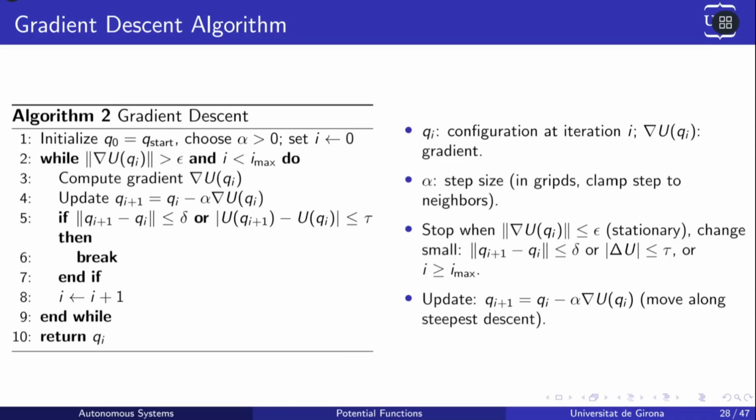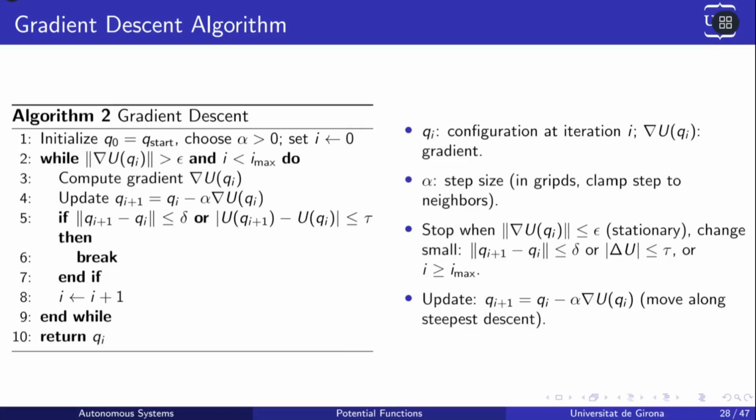Then you will initialize your initial configuration as the starting position. You have to define this step that you want to take in the direction of the gradient, and this is just to check that you are not getting stuck in a local minimum and staying there forever. It's a good practice.